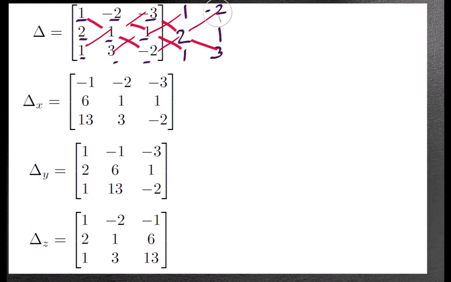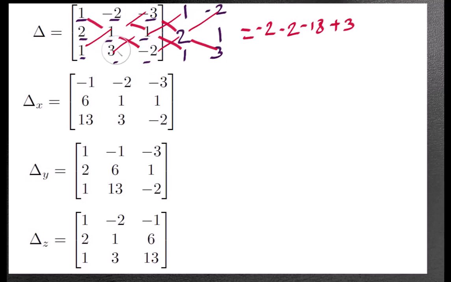Okay, so for delta, the determinant here, you can say 1 times minus 2 is minus 2. Minus 2 times 1 is another minus 2, and minus 3 times 2 times 3 is minus 18, and then minus 3 is plus 3.